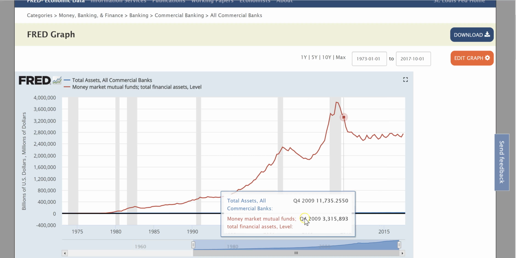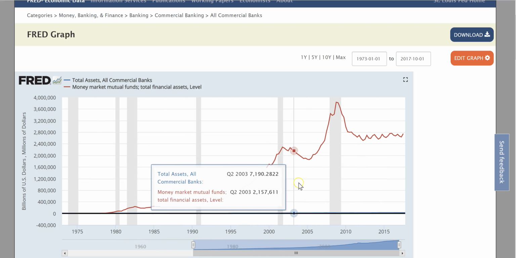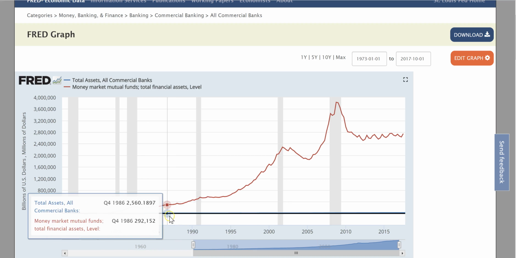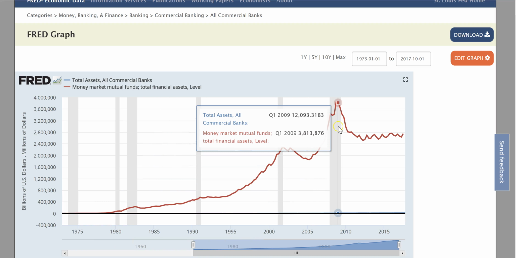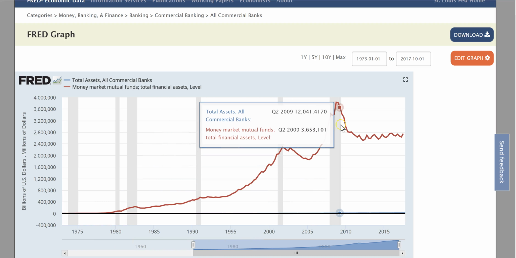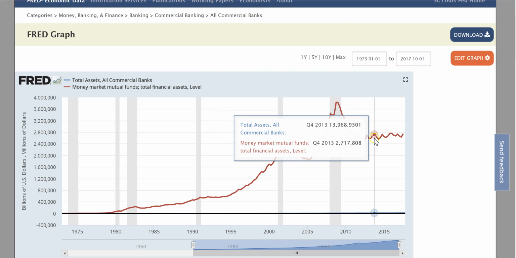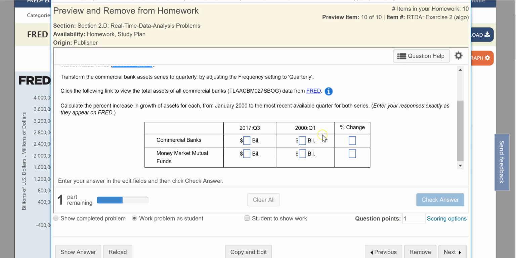So if you put these two charts on the same graph, the total assets of all commercial banks, this blue curve here, you are almost not able to see. The only curve you can see here is the money market mutual funds. But if you put your mouse at a certain time point, you can read the numbers for both. We need that in order to answer this question.